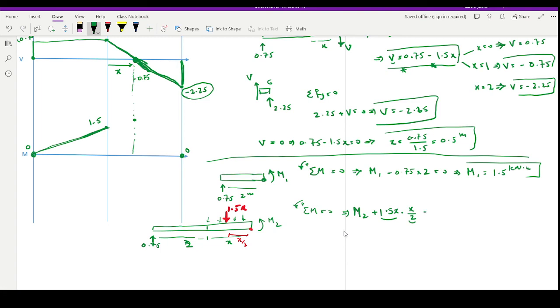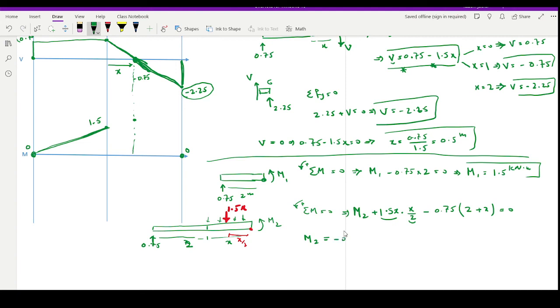Minus 0.75 times the distance, which is 2 plus x. By looking at the drawing, you can see that it's 2 plus x. It's equal to 0.